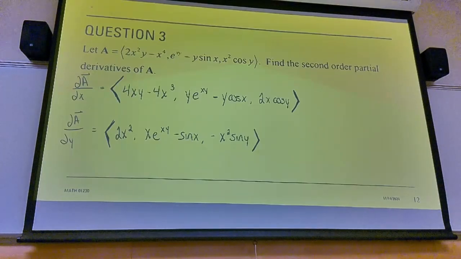For the middle term, chain rule, or I agree with the minus cosine x. I do agree with the xy e to the xy. But you're missing a term.